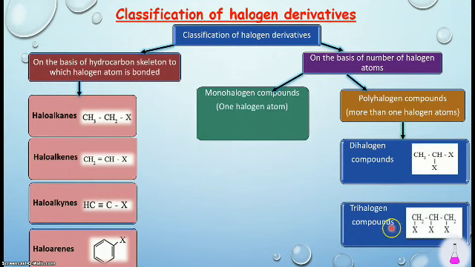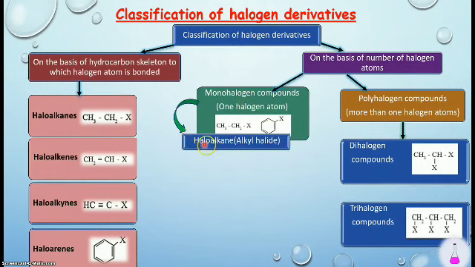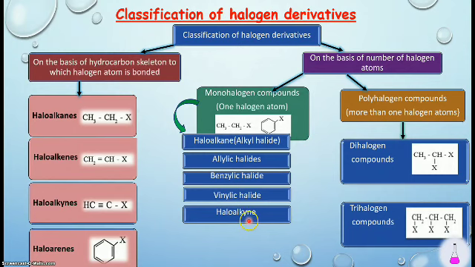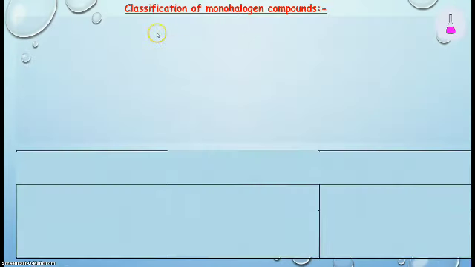In trihalogen compounds, three halogen atoms are present. Now, let us talk about monohalogen compounds, containing one halogen atom. These are further classified as haloalkane, that is alkyl halide, allylic halides, benzylic halides, vinylic halides, haloalkyne, and haloarenes, that is aryl halide.